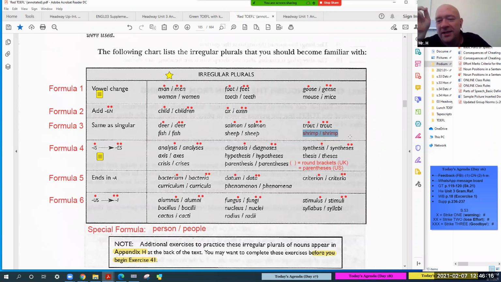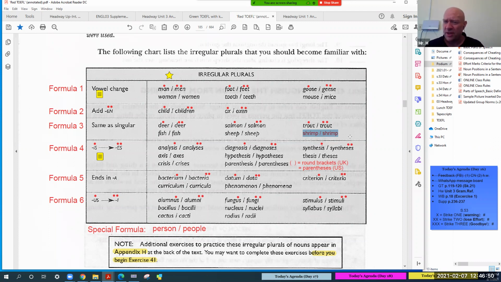In the UK, they use an S. Okay, in the UK, they say shrimp and shrimps. Do you understand? Yes. In America, we say shrimp. No S. Just the same way we do fish. Fish. Salmon. Trout. Shrimp.